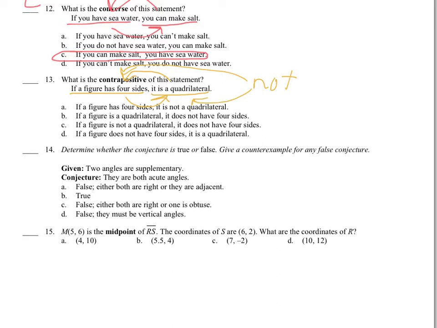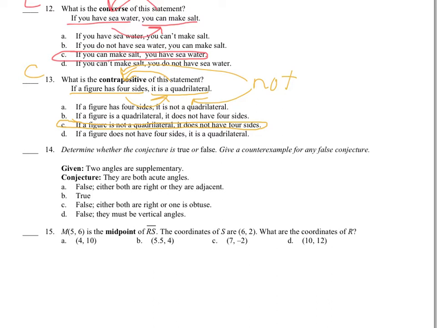So what we end up with, if a figure is not a quadrilateral, then it does not have four sides. C is the correct answer. Okay, we don't change any other words other than putting the word not in there, and then we flip the hypothesis and the conclusion.